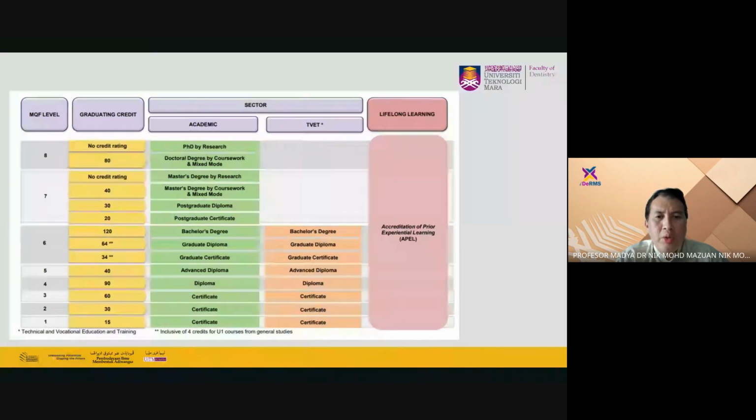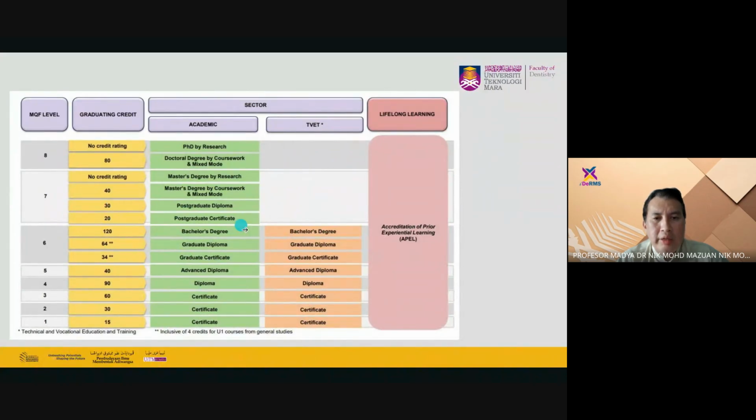These councils set their own graduating credits. So our Bachelor of Dental Surgery is more than 120 graduating credits, higher than this, and so does medical and pharmacy. In a way, we have to follow our council straight away.